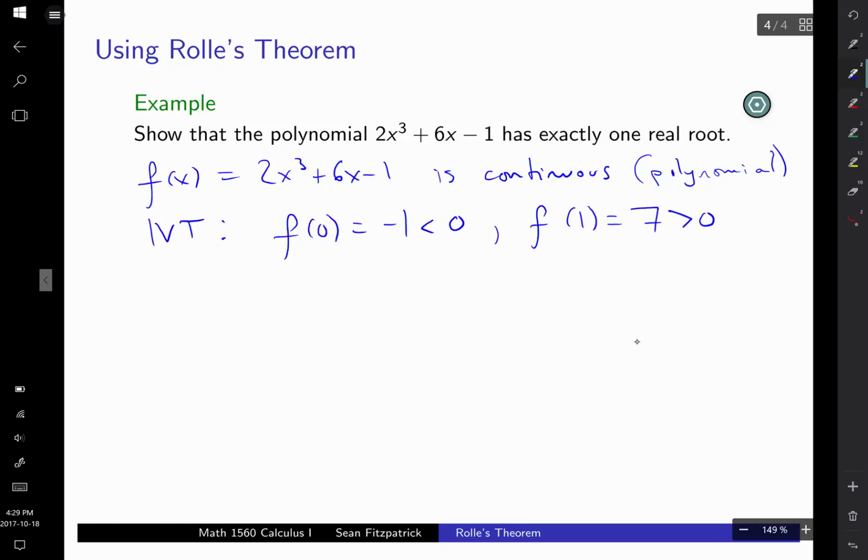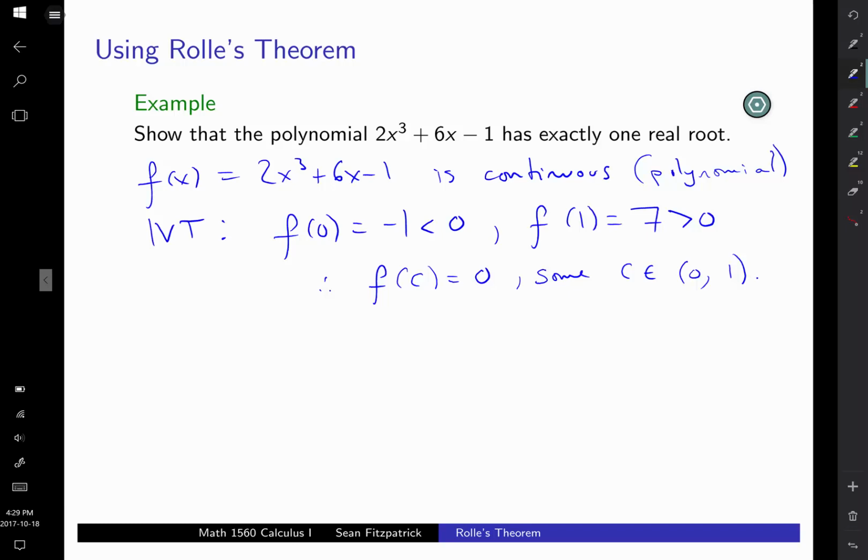And so the intermediate value theorem says that we must have f of c equals 0 for some c between 0 and 1. Okay, so now we know there's at least one real root. We found one, right? Well, we haven't found it, but we know it exists. This number c is one real root. f of c equals 0.